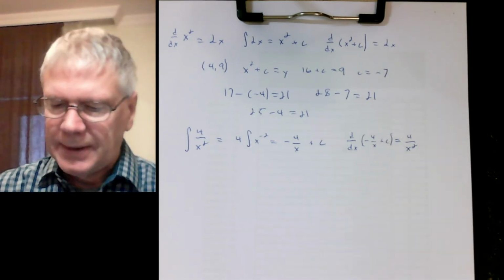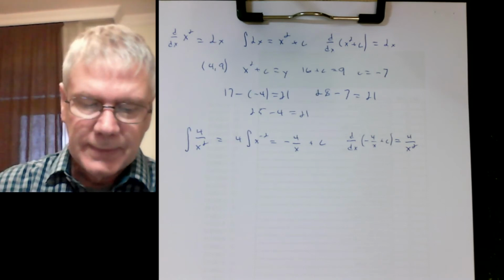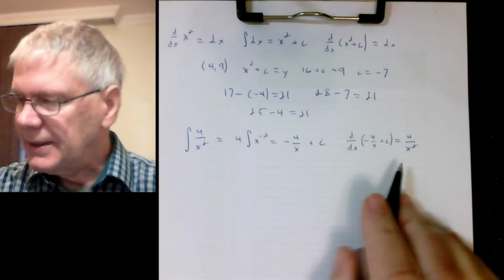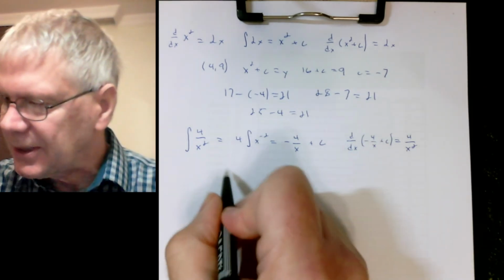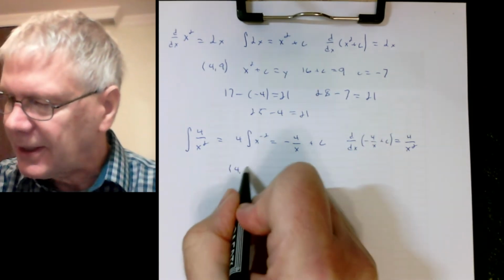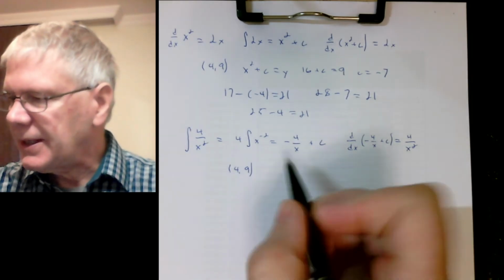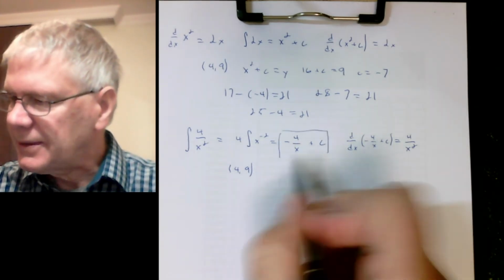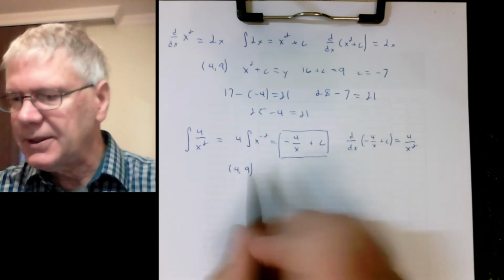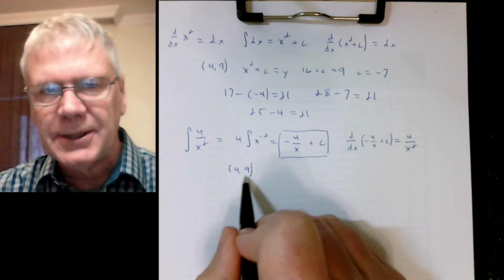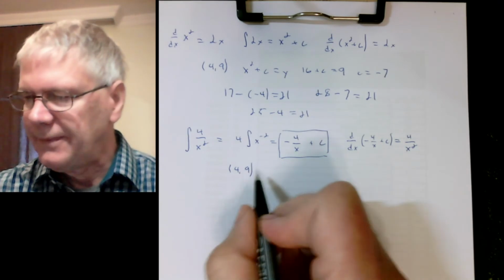So this is also going to have a constant. Before we go to decimals, let's put the same point in here. Let's say 4 and 9. So let's say that this is going to be my mathematical model or representation of something, and this point from an observation or measurement needs to be on there.